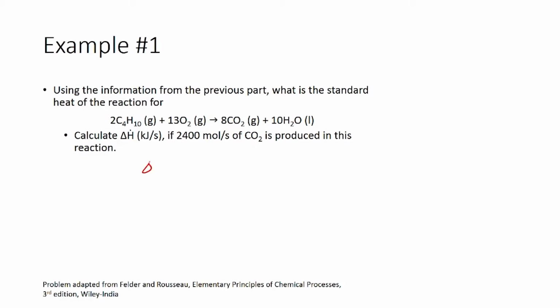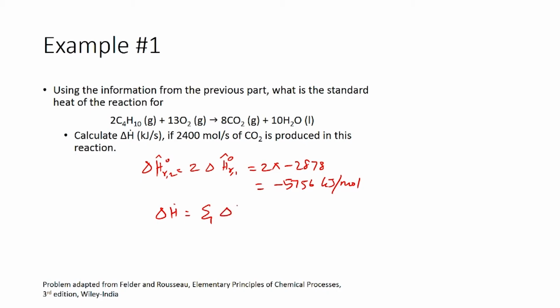So, the heat of reaction for the second reaction would be equal to 2 times the heat of reaction for the first reaction, because you have 2 moles of butane reacting instead of 1 mole of butane reacting, which means the heat of reaction for this would be 2 times minus 2878, giving you a value of minus 5756 kilojoules per mole, and delta H dot is equal to xi times delta HR.